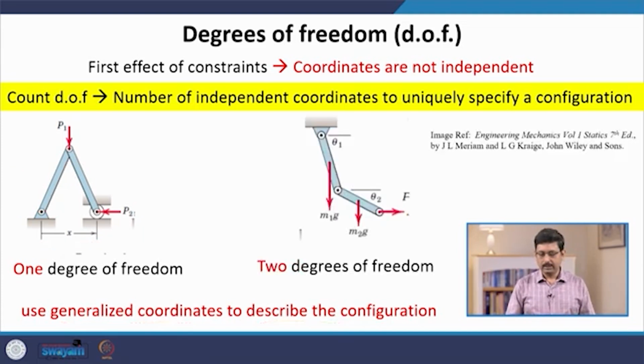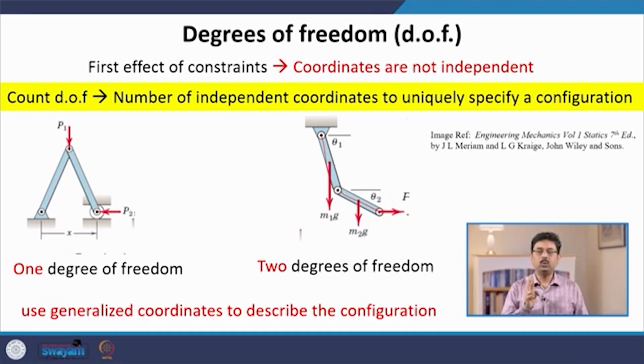Now, this is another slightly more complicated example, which I leave to you as an exercise to analyze and identify what the constraints are in this case. So, one constraint will be that the length of this rod is fixed, and convince yourself that in this case, in order to describe the position of this robotic arm uniquely, you need 2 degrees of freedom.